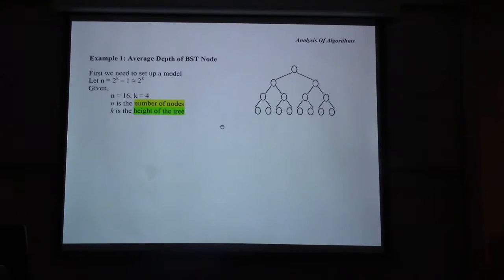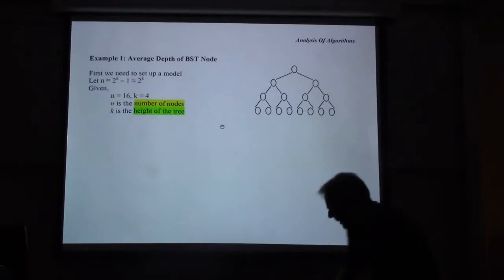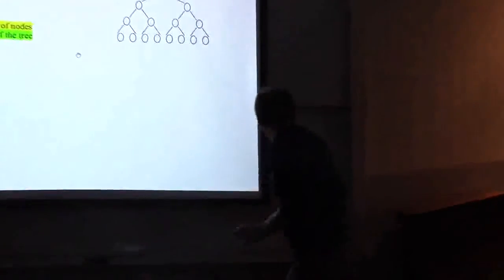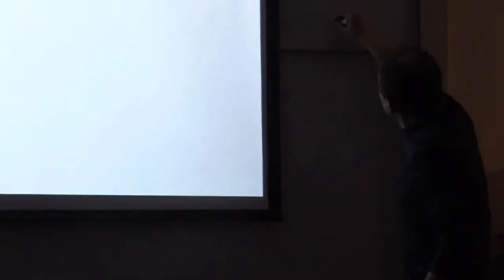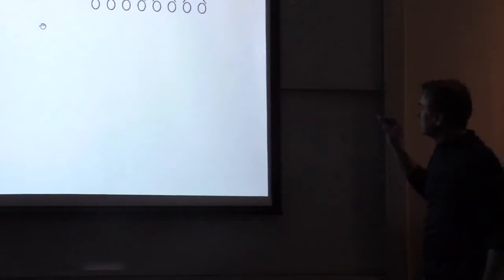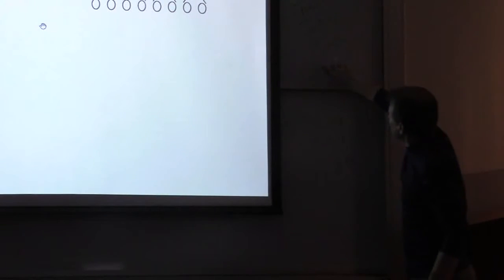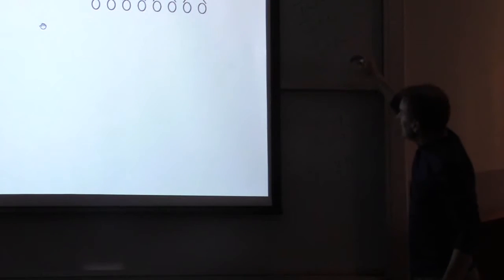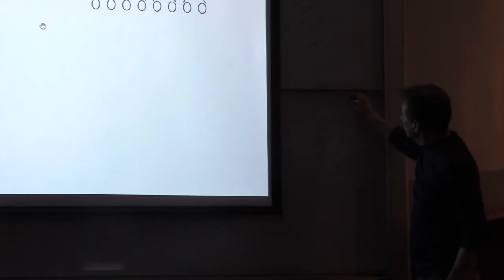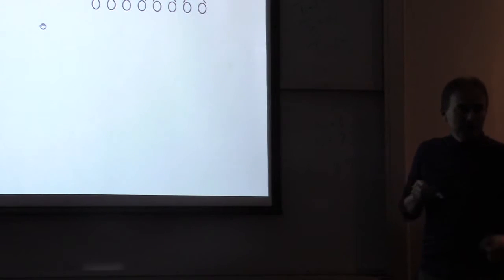Okay, so what we have is, if the tree has 2 to the k minus 1 internal nodes, and the number of external nodes is 2 to the k, the total number, if you add these, is going to be 2 times 2 to the k, which is 2 to the k plus 1 minus 1. Does that make sense?